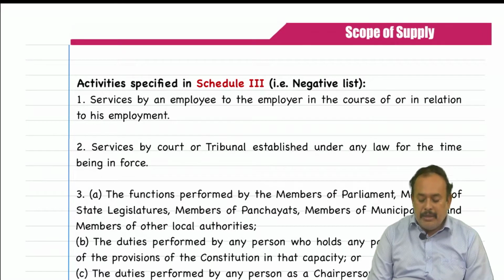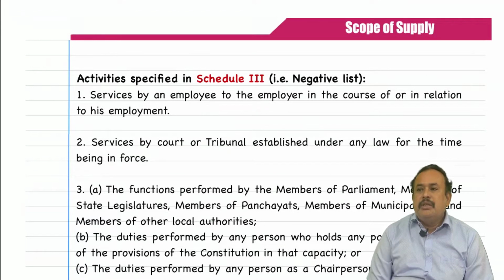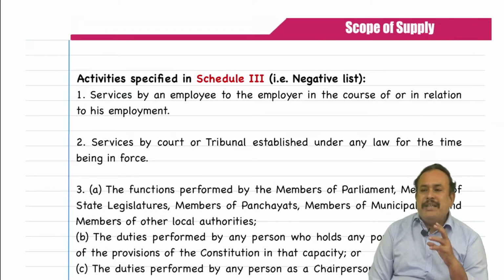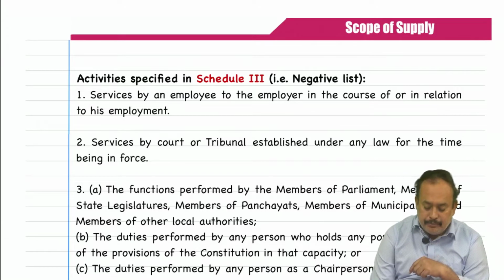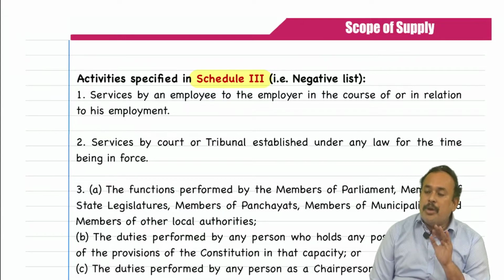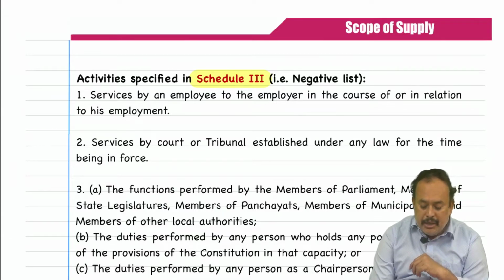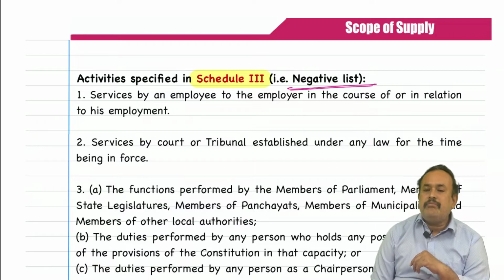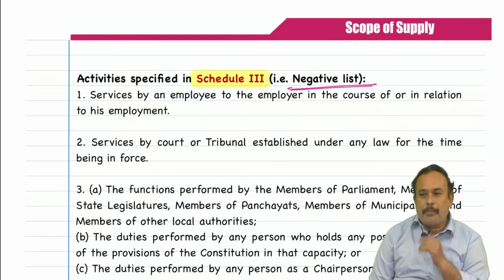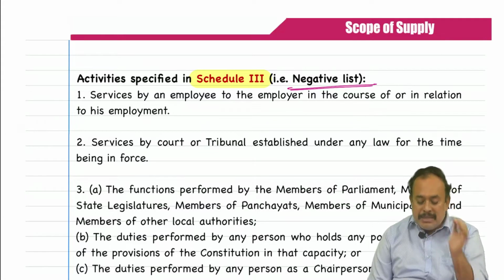If you refer here, my dear friends, activities specified in Schedule 3 are also called the negative list under the GST. Presenting here one by one.